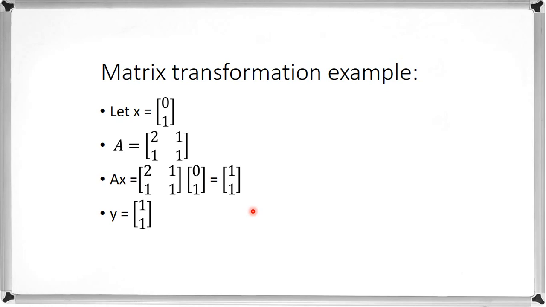So this new element in set capital Y is 1, 1. We basically transformed an element in set capital X to an element in set capital Y. So this was the definition of matrix.